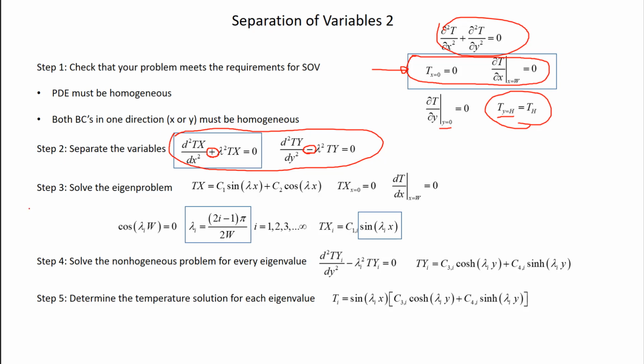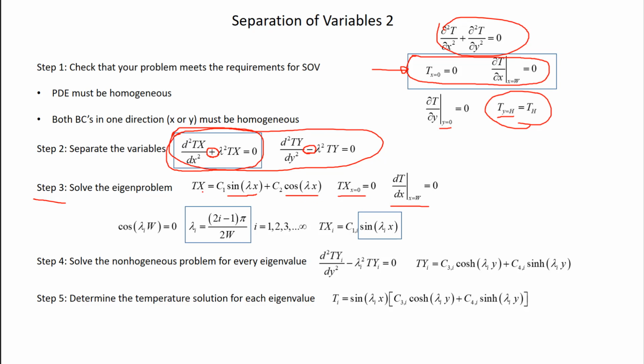So step 3 was solve the eigenproblem. Basically solve this ODE in the homogeneous direction. That solution will always give you sines and cosines, at least in Cartesian coordinates. And then we have two boundary conditions that we had to satisfy.